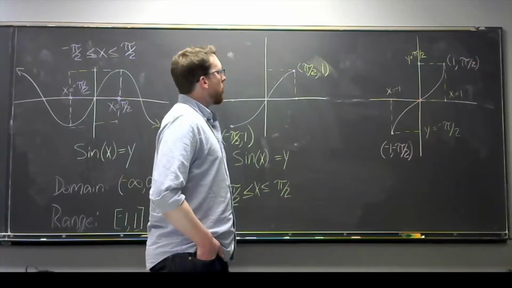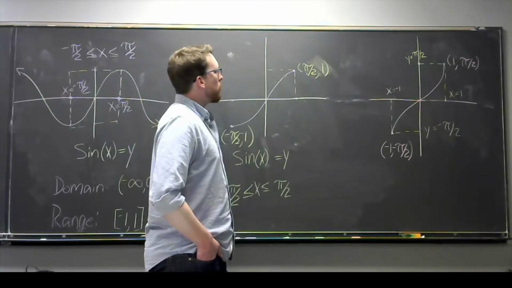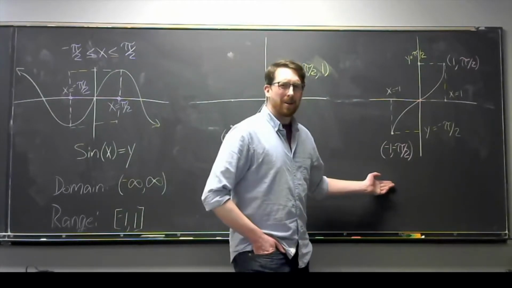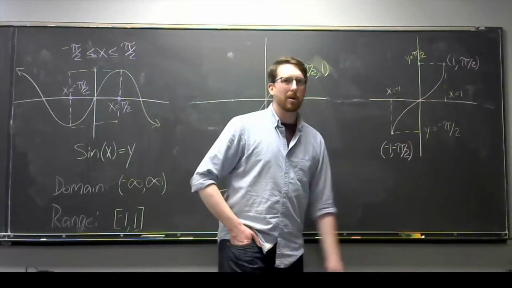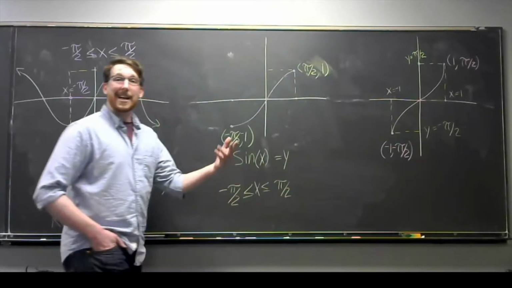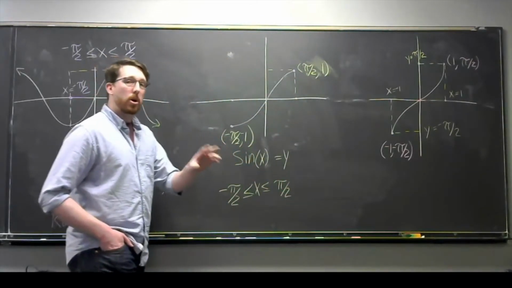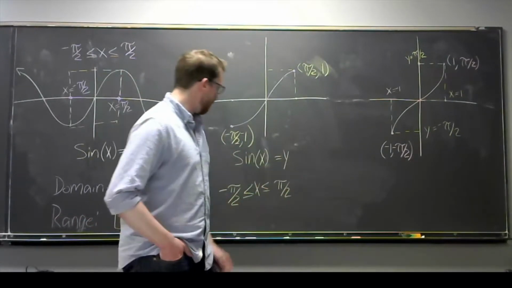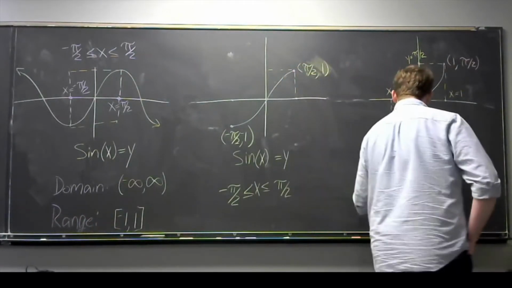So what do we call this then? We need a name for it, right? We could call it two different things, sine inverse, or we also call it arc sine. This has two different names.